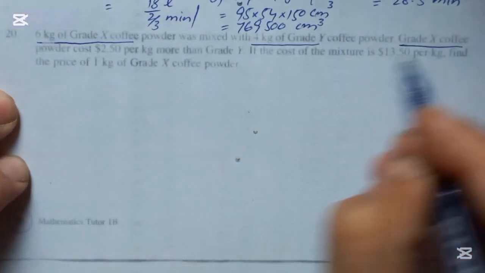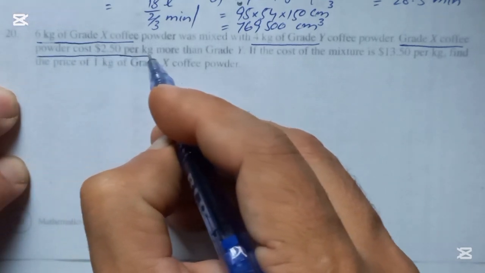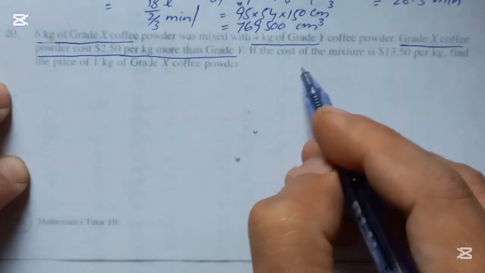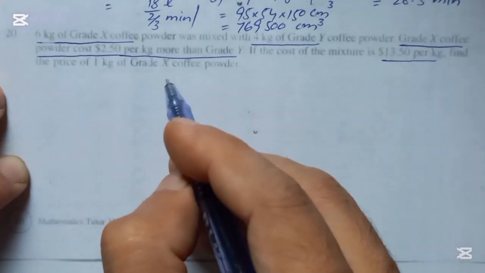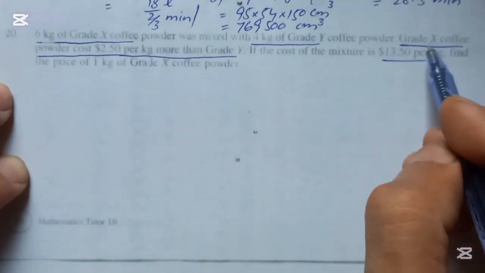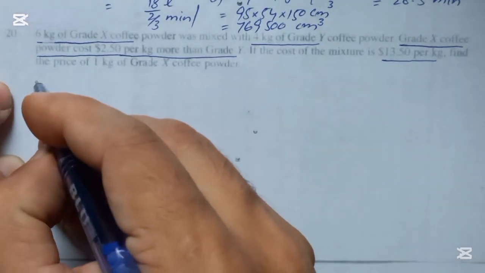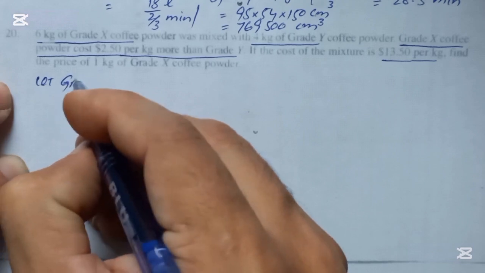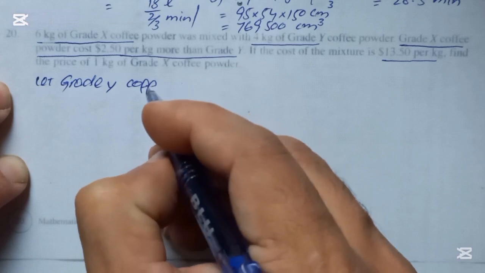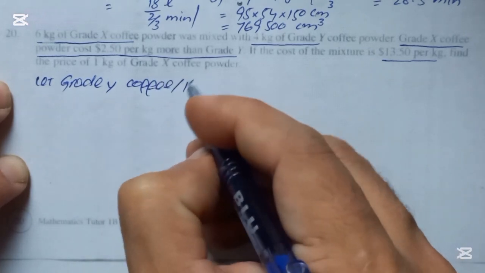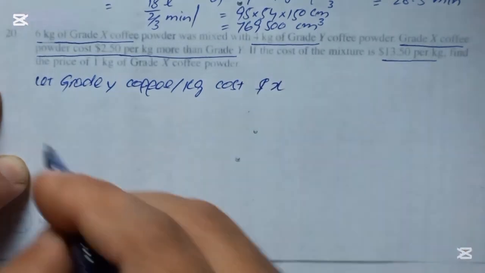Grade X coffee powder costs $2.50 per kg more than grade Y. If the cost of the mixture is $13.50 per kg, find the price of 1 kg of grade X. So grade X coffee costs $2.50 per kg more than grade Y. So let grade Y coffee per kg cost X dollars.